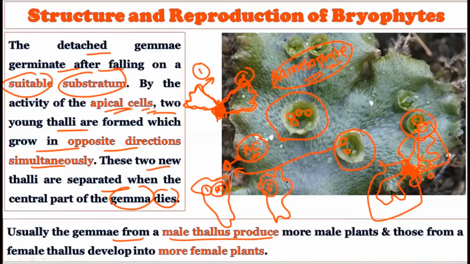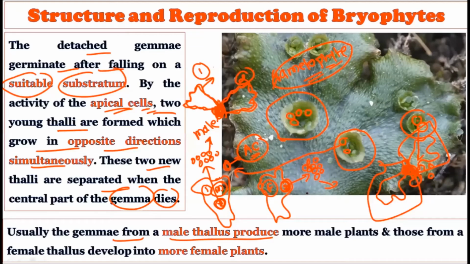The female thallus is producing gemma cups, and the male thallus is also producing gemma cups. Inside the gemma cups, the male thallus has gemma bodies, and the female thallus also has gemma bodies. Now, when the male thallus liberates these gemma bodies, the majority of them will convert into male thalli, and the majority of the gemma bodies produced by the female thallus will, most of the time, convert into female plants. So this is very peculiar.